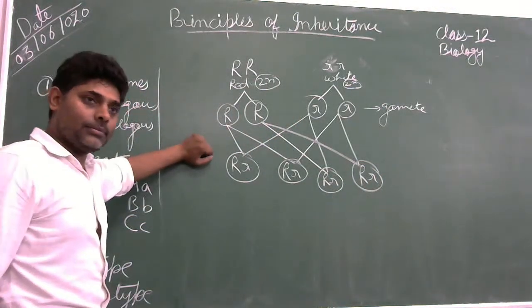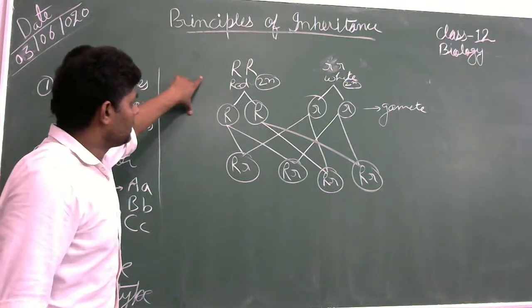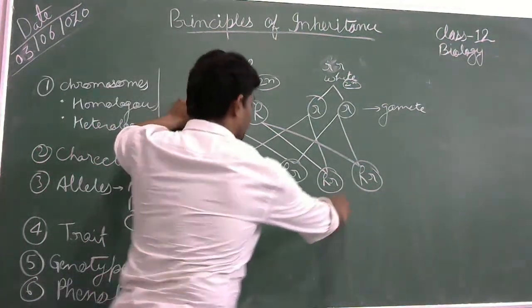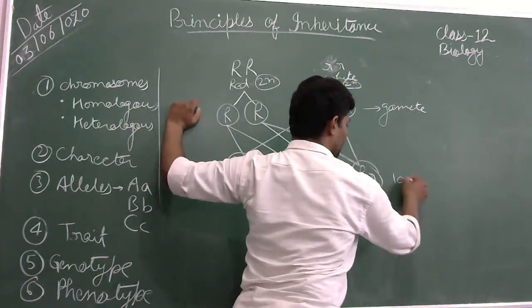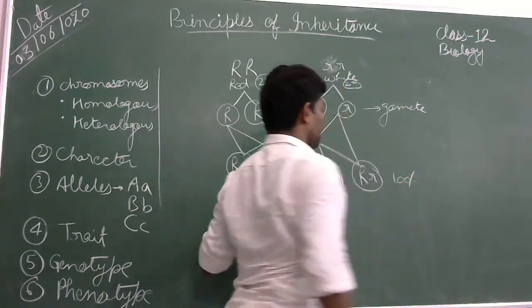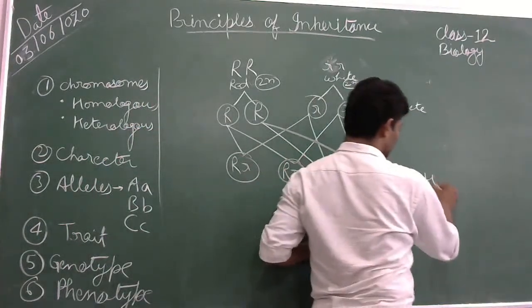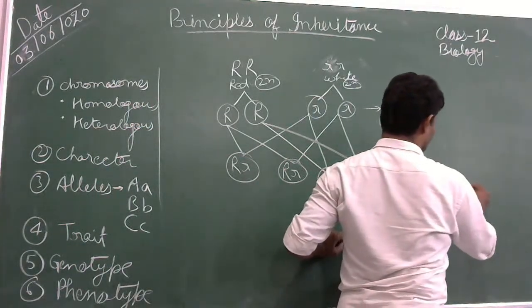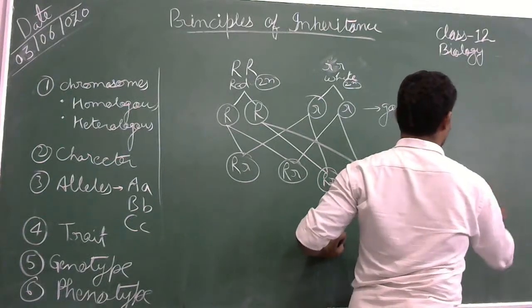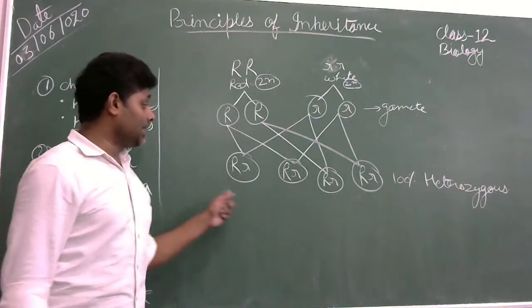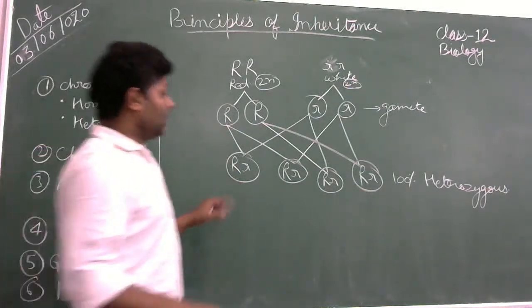Is that clear? Now what happens? We are getting 100% heterozygous flowers genotypically.